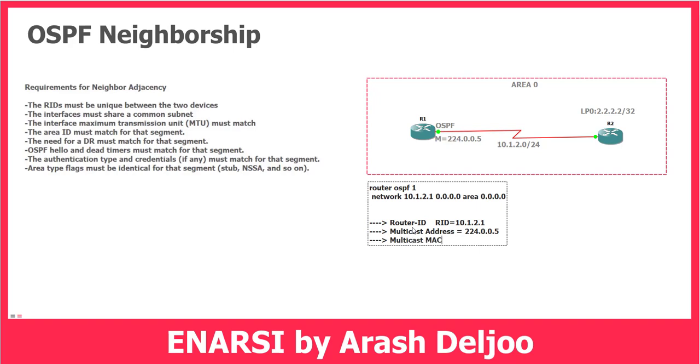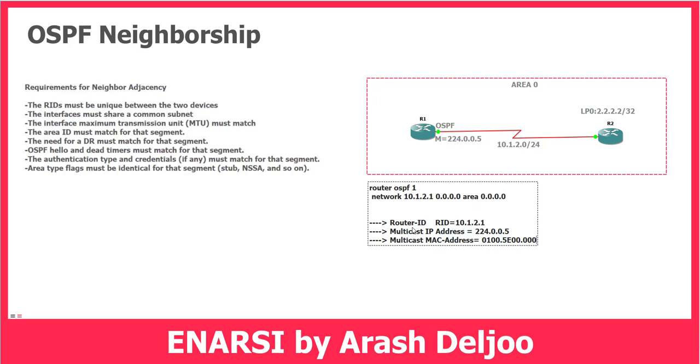Also, you know that when we have one multicast address on one interface, automatically we will have one multicast MAC address associated with this multicast IP address. The multicast MAC address of 224.0.0.5 is 0100.5E00.0005.